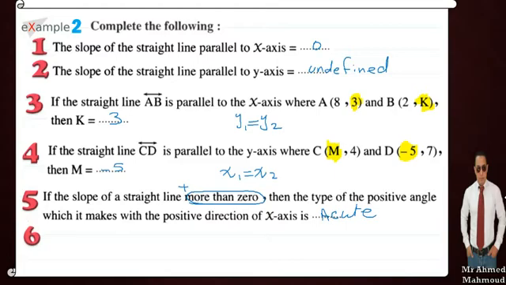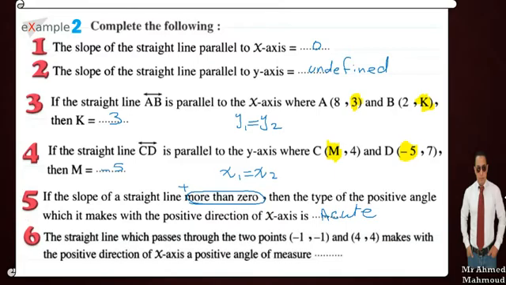Number 6, the straight line which passes through (-1, -1) and (4, 4) makes an angle with the positive direction of the x-axis whose measure is what? First I need to find the slope. m equals (4 minus -1) over (4 minus -1), which is 5 over 5, equals 1.